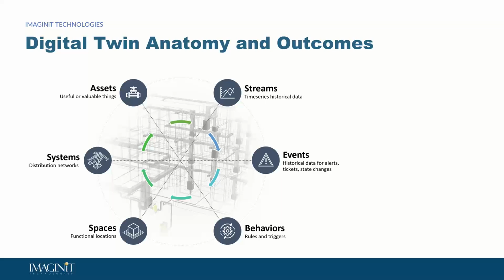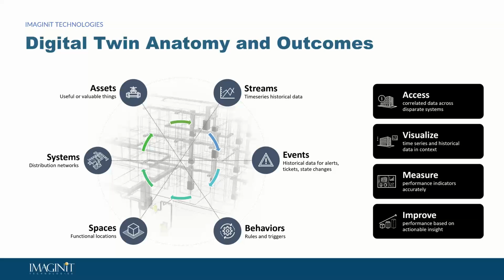We're able to track these perhaps anomalous behaviors and identify where something may be off. We're using things like AI to identify these anomalous behaviors. All of that information, these streams of data, are what feed into our digital twin, and they are what allow us to achieve some of these desirable outcomes.